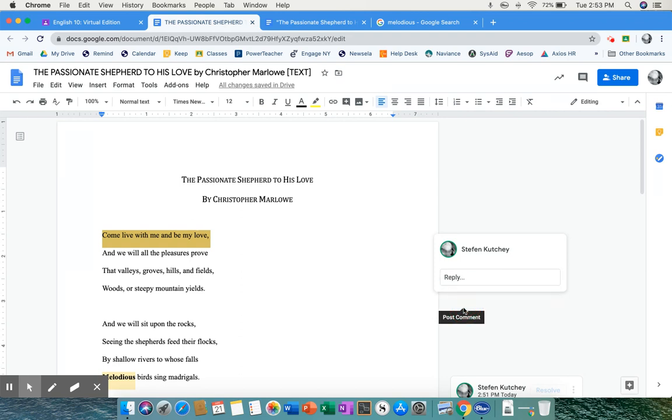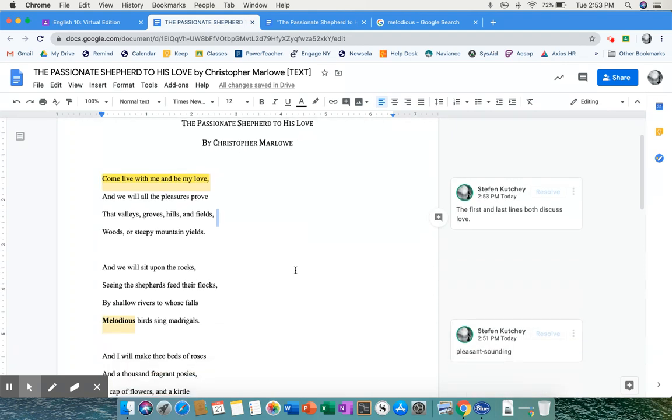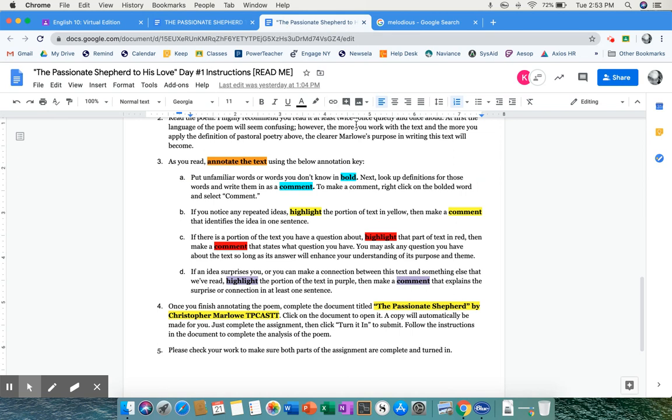It doesn't have to be overtly complicated, just something that shows me that you are engaging with that text. So this establishes to us that this is a poem about love, and you just do that a couple of times. You look for the connections that you can find, and you just do the same type of thing here.